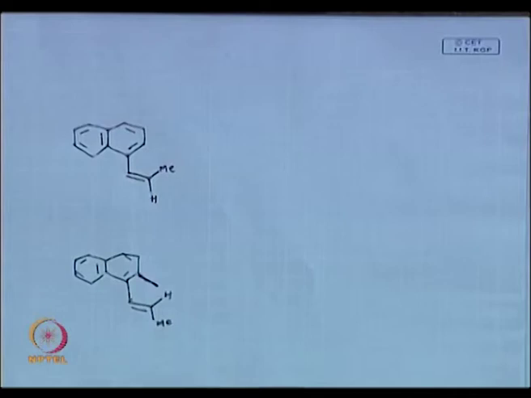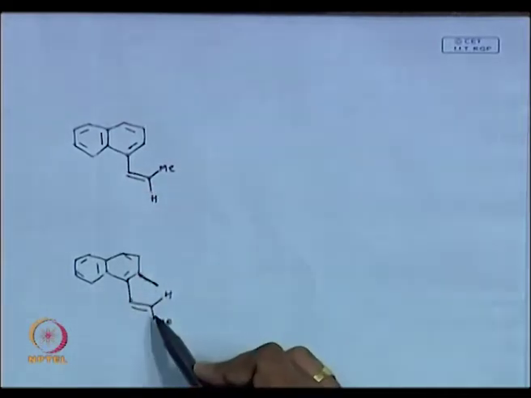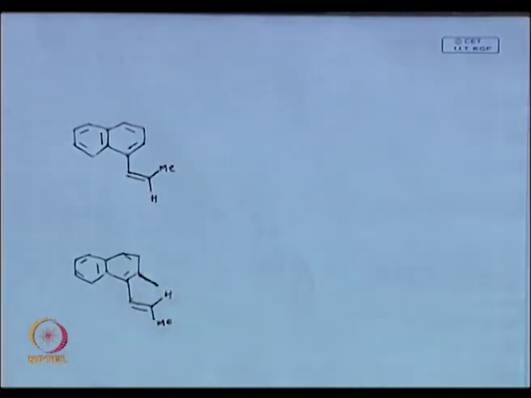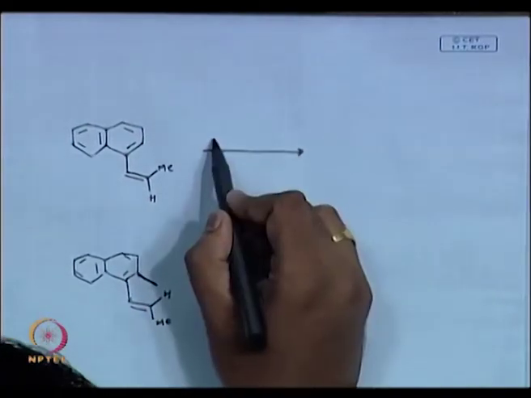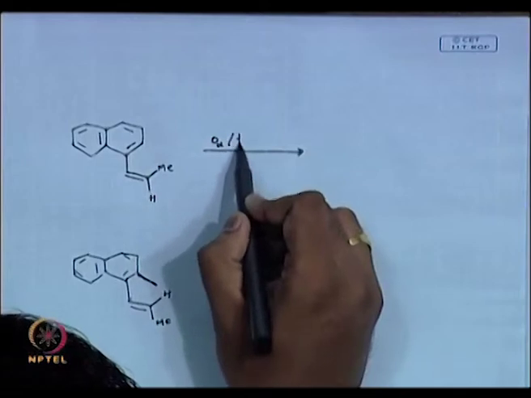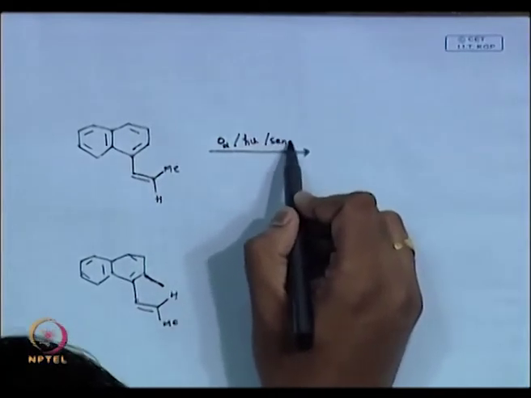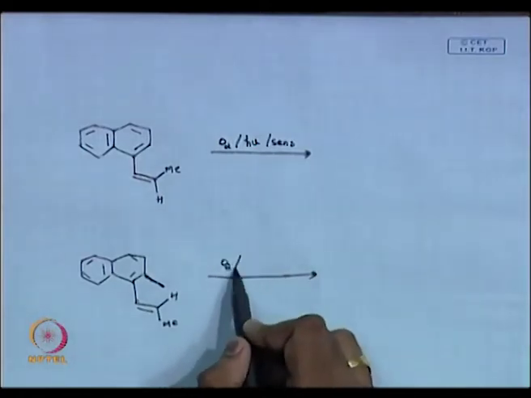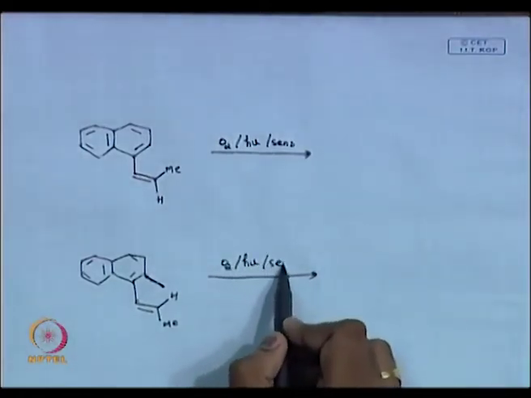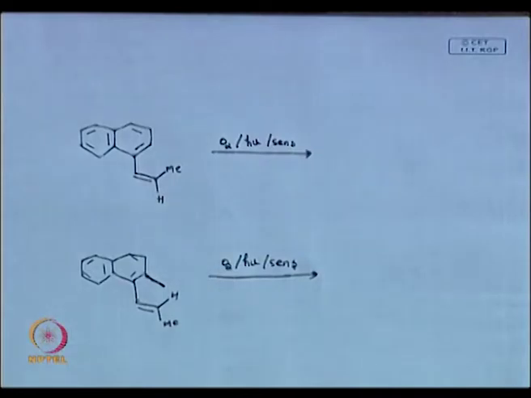One has a methyl and hydrogen, another has hydrogen and methyl. It's just the cis and trans of it. I am doing oxygen photolysis with sensitizer, same condition.